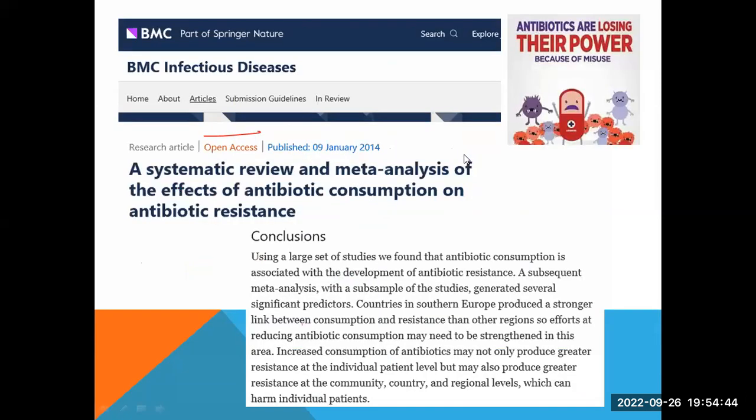Again, this is a study which was published in 2014. It is a systematic review and meta-analysis, which directly correlates the effects of antibiotic consumption on antimicrobial resistance, and clearly states that antibiotic consumption is associated with the development of antibiotic resistance. And again, it's the main driver for AMR, or antimicrobial resistance.